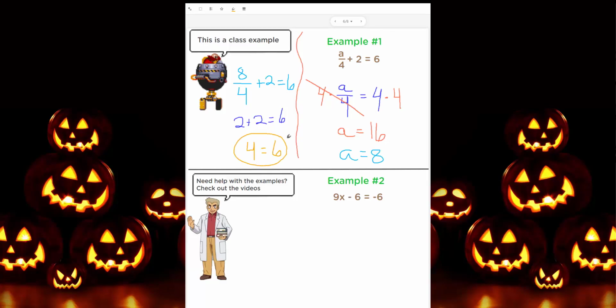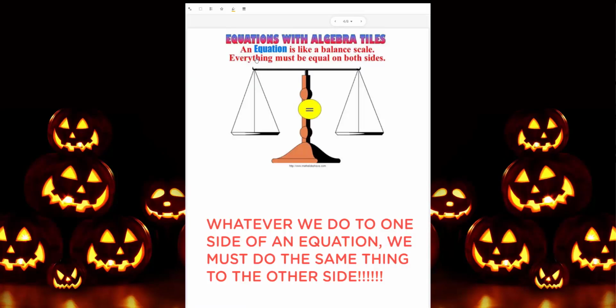Is this a true statement, ladies and gentlemen? Is the left side equal to the right side? If I were to go back to this scale, and if I were to put 4 blocks on one side and 6 blocks on the other, would the scale be balanced?